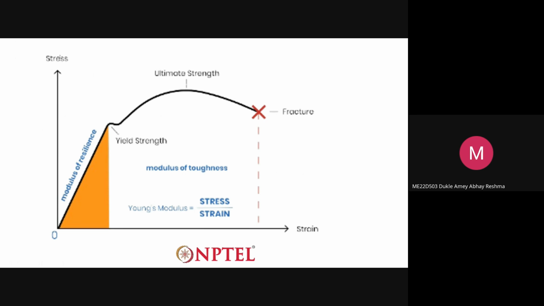In the starting zone, the orange zone, the amount of force you are applying is proportional to the change in length you are getting.